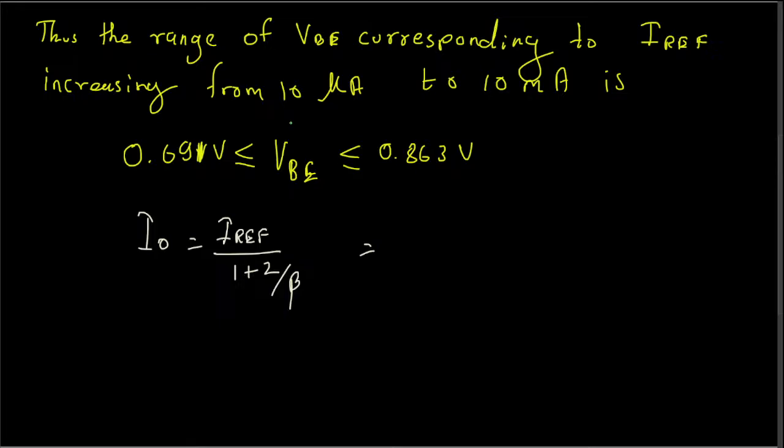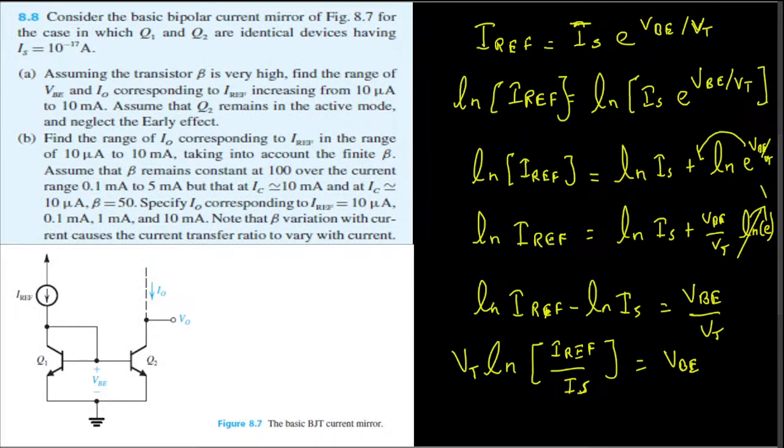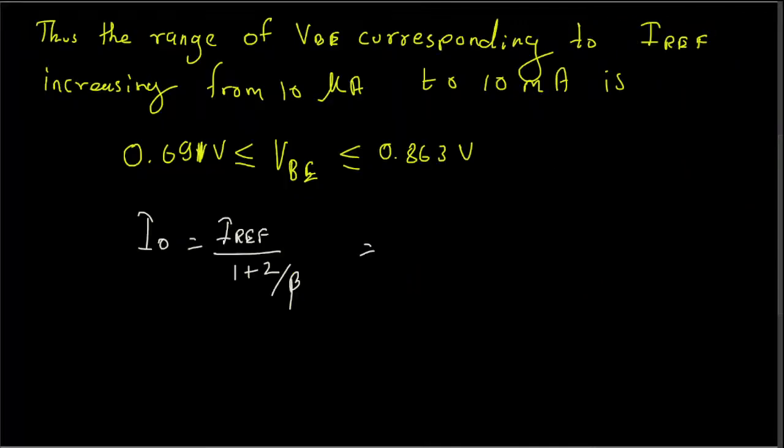The question says assuming the transistor beta is very high, which means beta is infinity. So this is I reference over 1 plus 2 over infinity.